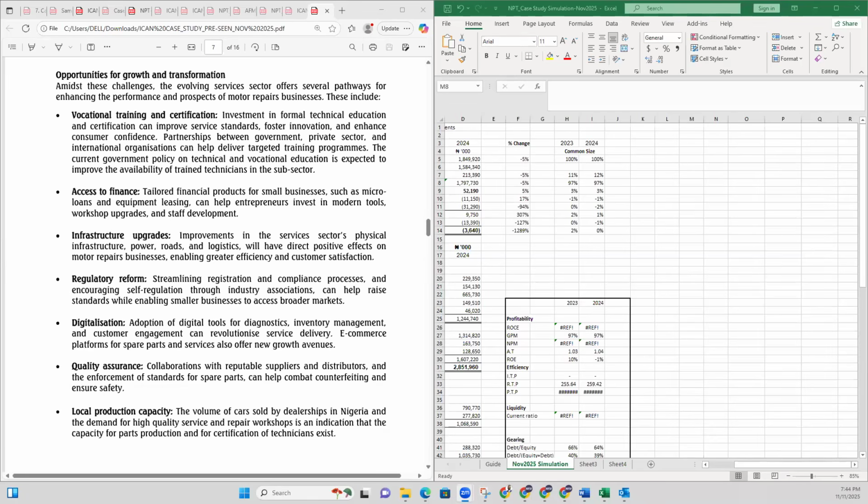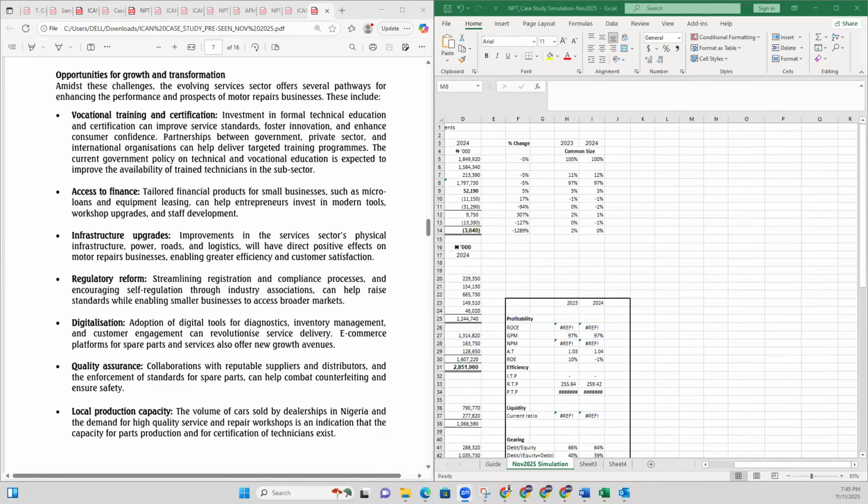The current government policy on technical and vocational education is expected to improve the availability of trained technicians in the subsector. Access to finance. Tailored financial products for small businesses, such as microloans and equipment leasing, can help entrepreneurs invest in modern tools, workshop upgrades, and staff development.